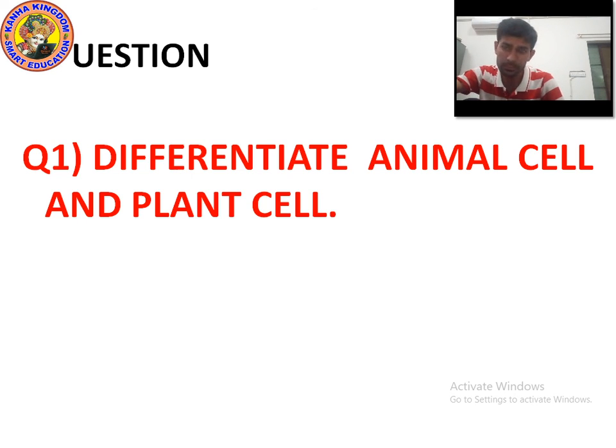And if we talk about animal cell: usually smaller than plant cell, cell wall absent, plasmodesmata absent, chloroplast absent, vacuole small and temporary, tonoplast absent, centriole present, nucleus at the center of the cell, lysosomes present, storage material is glycogen granule.